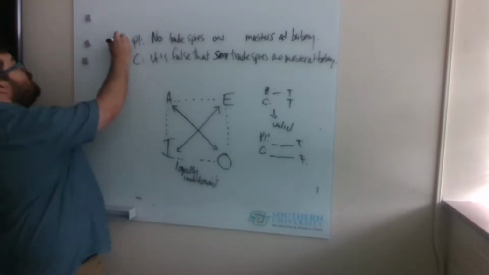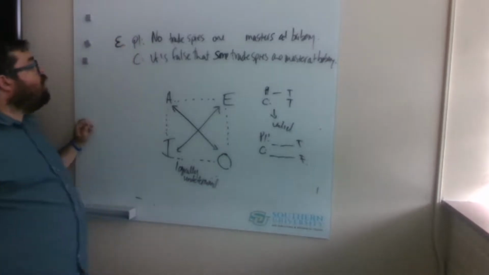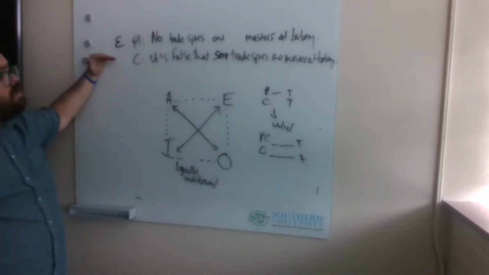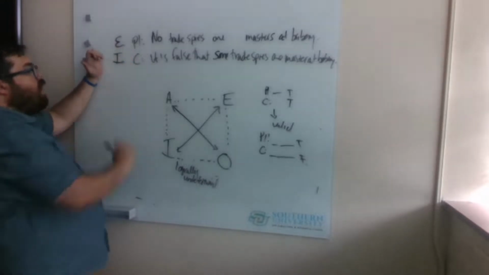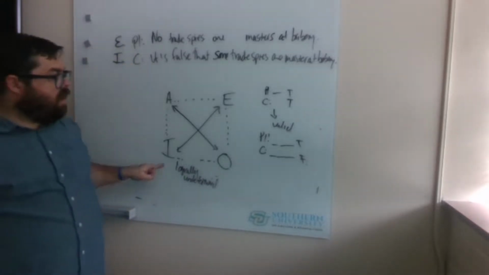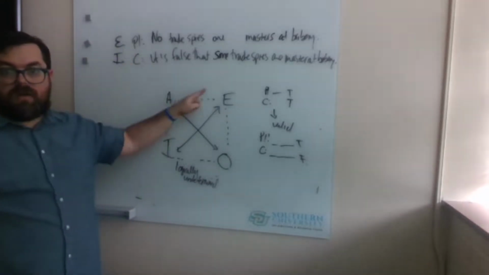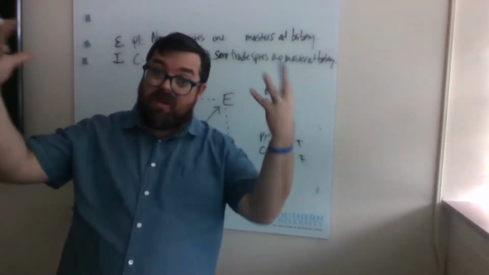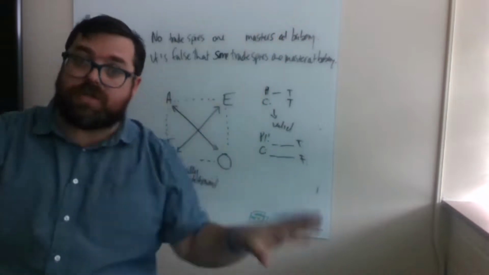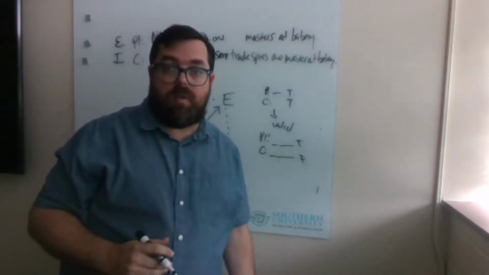Yes, it's E. And then the conclusion here is some trade spies are masters at bribery. Is that A, E, I, or O? Correct, that's an I proposition. Now, are E and I along the arrows here? Yes, they are, so they stand in contradictory relationship. So if I know the truth value of one, I will know the truth value of the other, right?